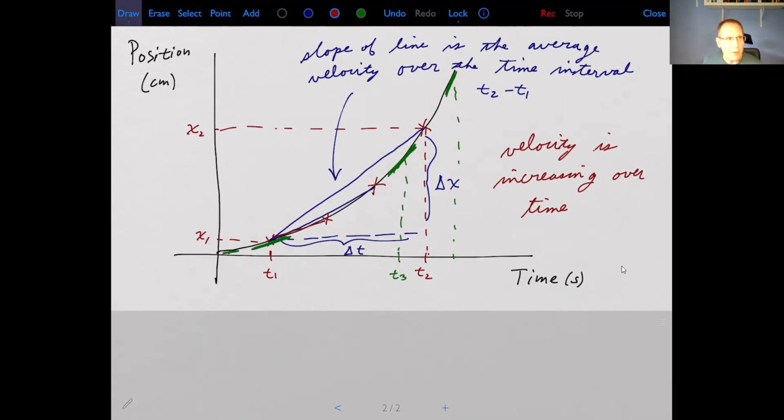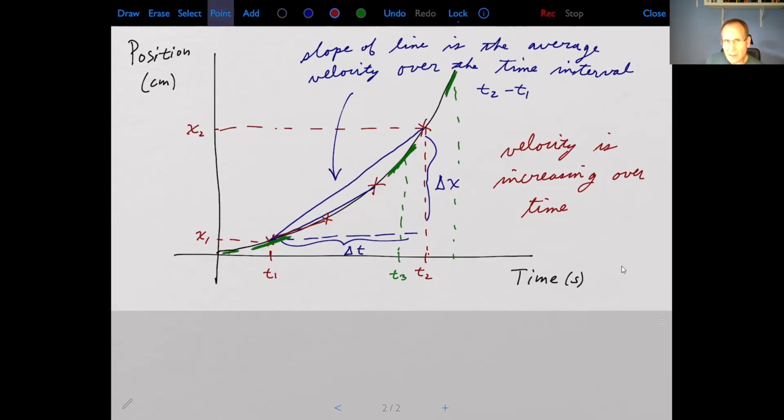Now, whenever you have a velocity that's changing, so if an object has a velocity that's changing somehow, then we have what's called an acceleration. So in this case, since the velocity is definitely changing, it's increasing over time, that means this object is accelerating.